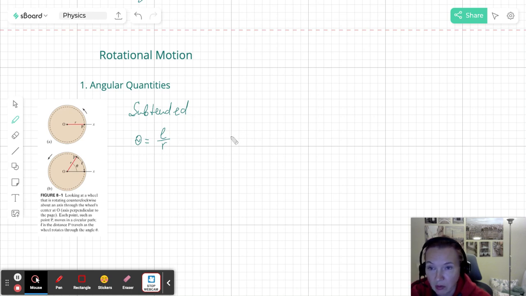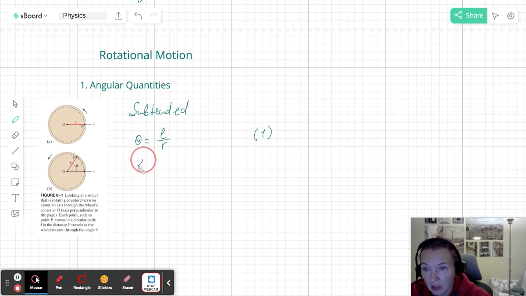That's going to be our equation, and angle theta is in radians, so we're calculating in radians, not in degrees. Forget about degrees from now on, only radians. Let's call it equation 1. If L is equal to r, the radius, you will have r over r, so theta is 1 radian, what we just discussed.